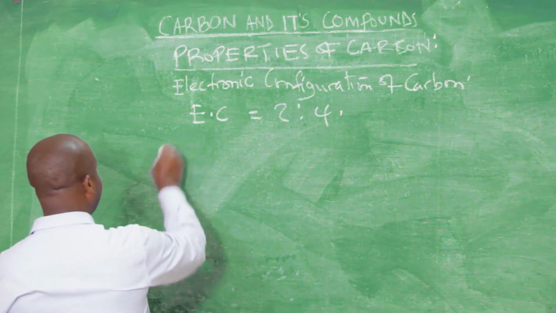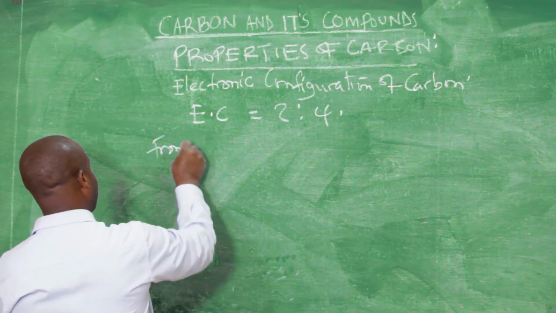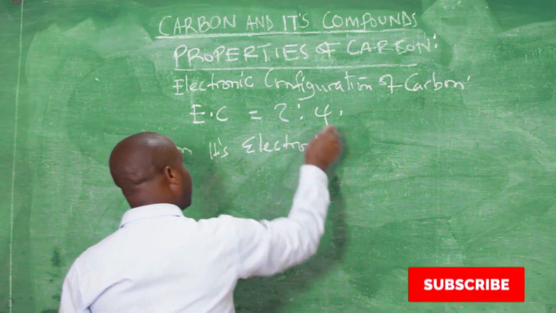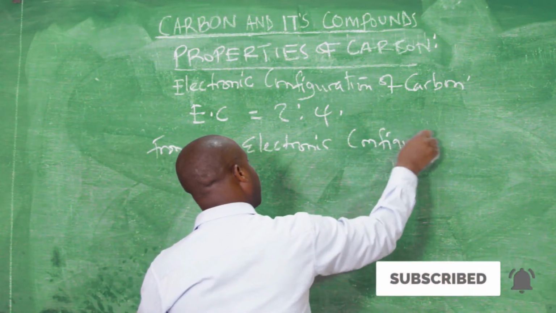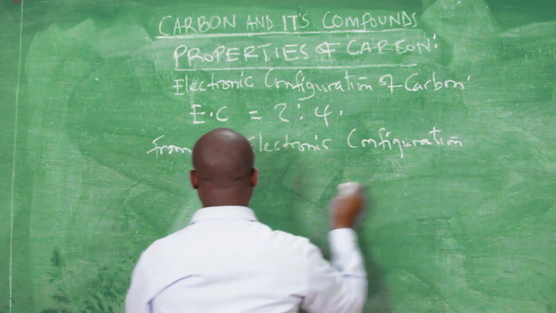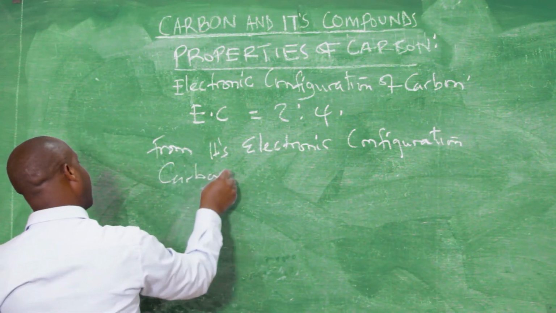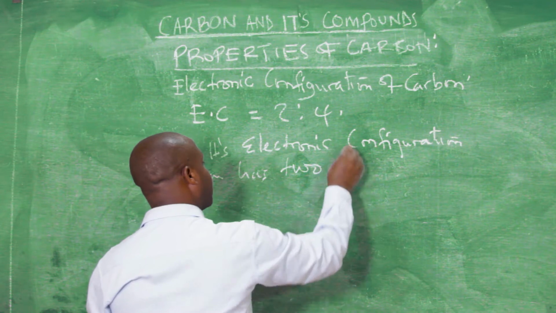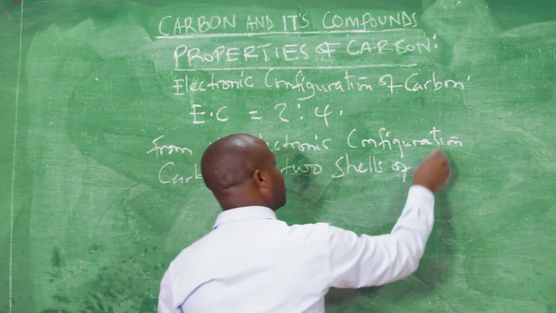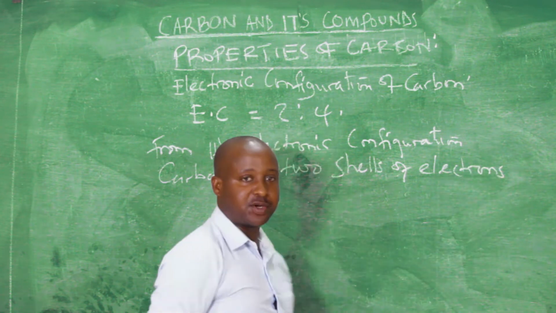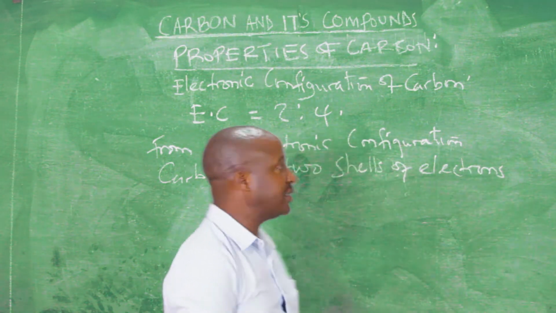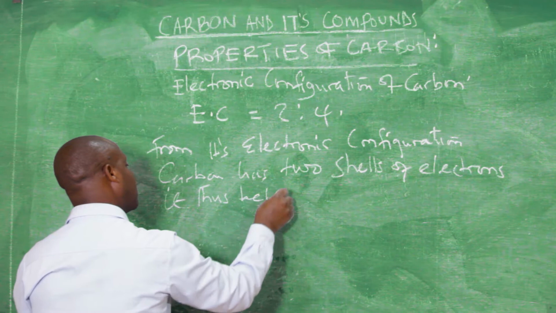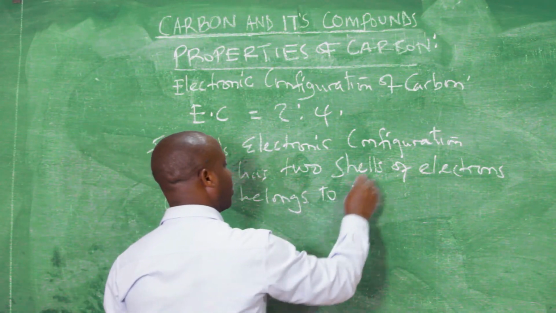From its electronic configuration, carbon has two shells of electrons, and because it has two shells of electrons, it thus belongs to period 2.